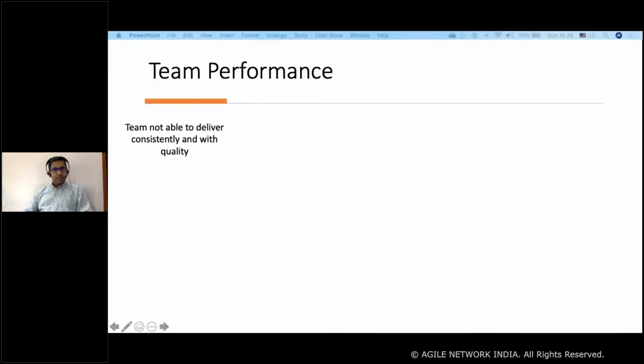Okay, and each organization will have their own challenges with respect to team, right? So for this particular use case, the issues were with respect to frequent shuffling of team members. The team members had varying technical skill sets, because they were transitioning from traditional to agile.